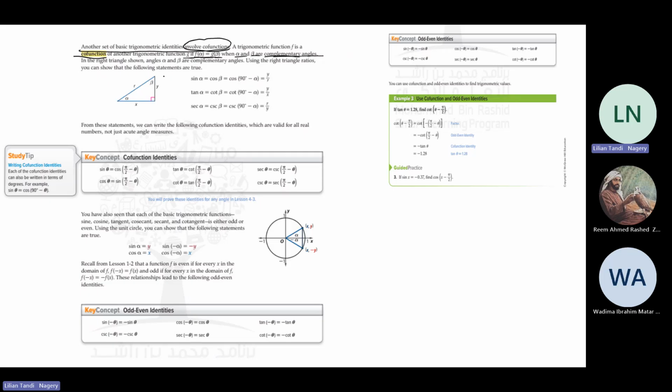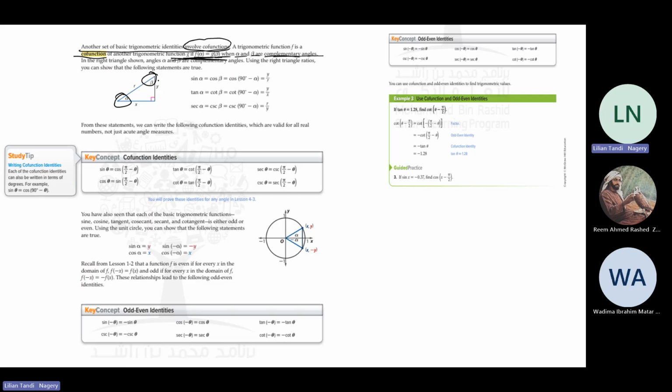So if your two angles are complementary angles, the function of the first angle, alpha, and the function of the second angle, beta, must equal each other according to this rule. Now, in the right triangle shown, angles alpha and beta are complementary. Why?